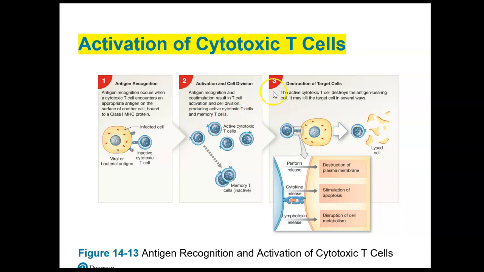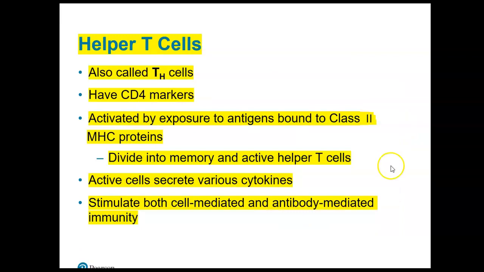And then step 3 is destruction of the target cells. So that's where the cytotoxic T cell is actually going to completely destroy the target cell in those various ways that we discussed.